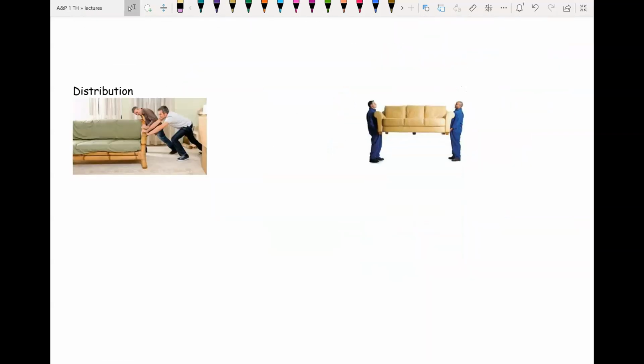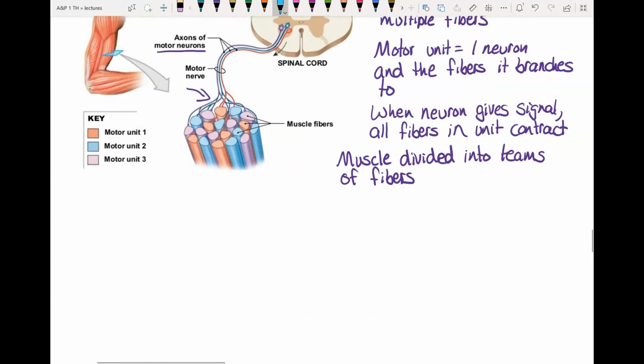There's several important features of the motor unit. One is the distribution of team members. If you look back up here at the picture, notice they're not together, they're spread out.